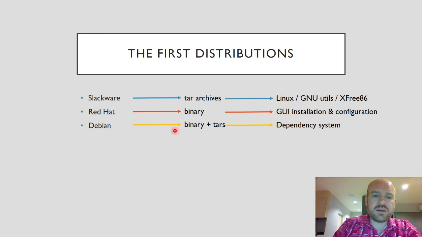Debian had a bit of a different approach. They combined the binary and tar archive formats into their deb format for delivering the software.